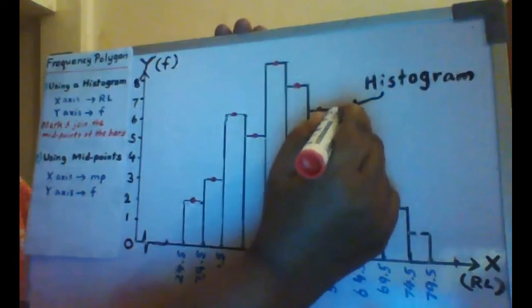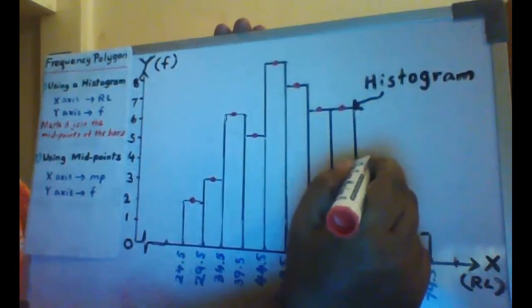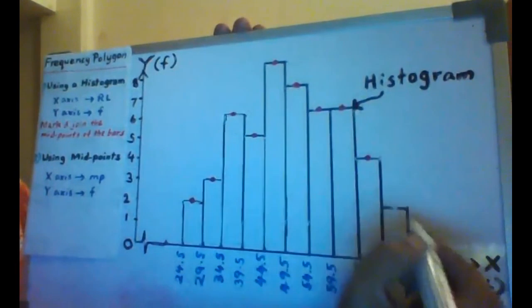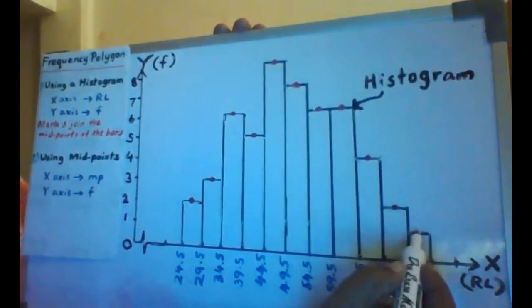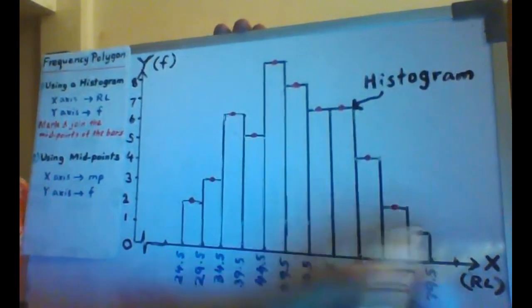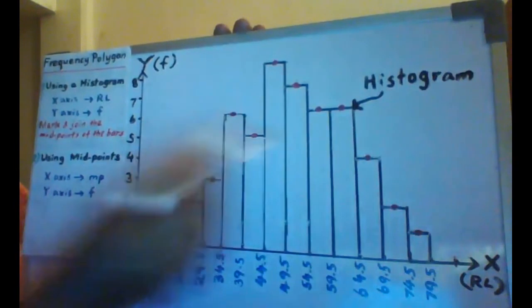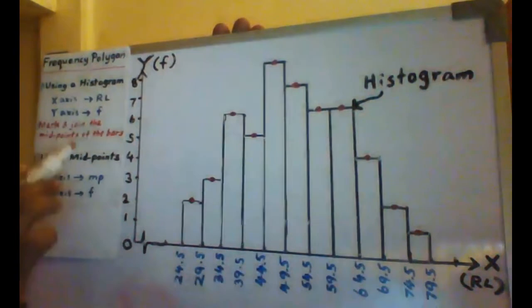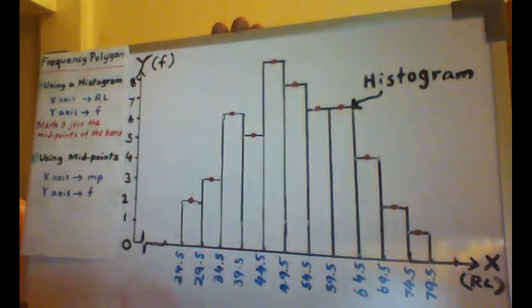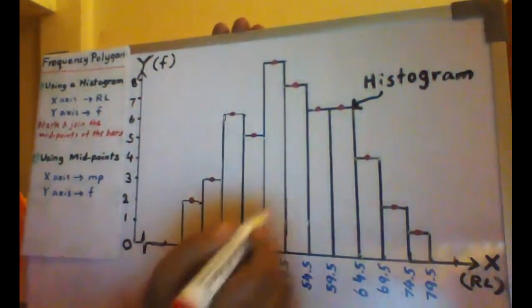Do like this. So you have marked the midpoints of the bars. Second, mark the midpoints, and you have to join the midpoints of the bars. Now here are the midpoints of the bars. You have marked them. Now you have to join.